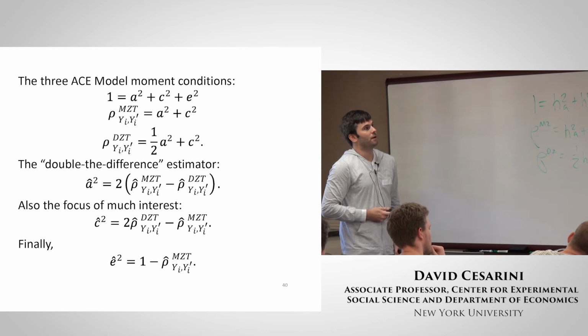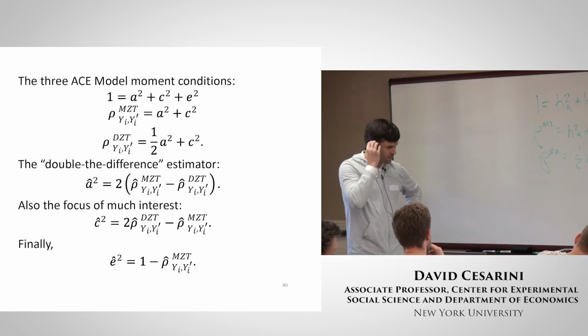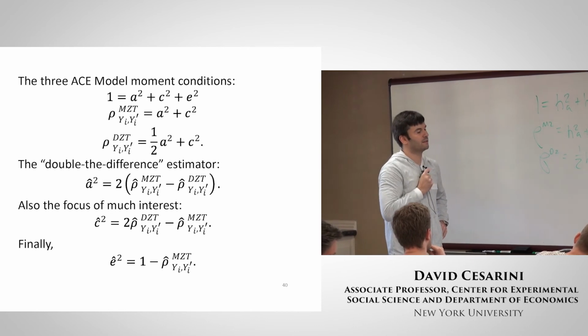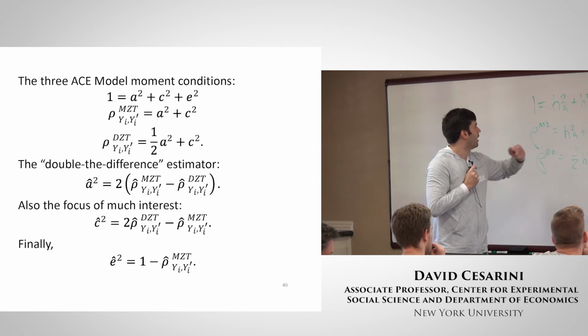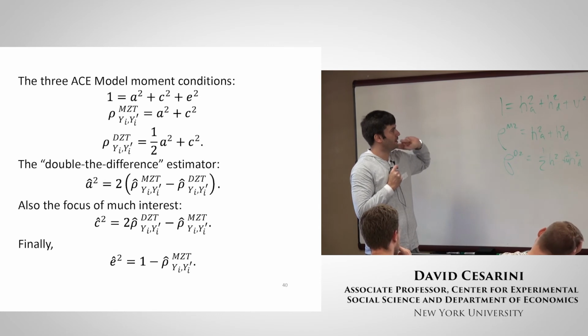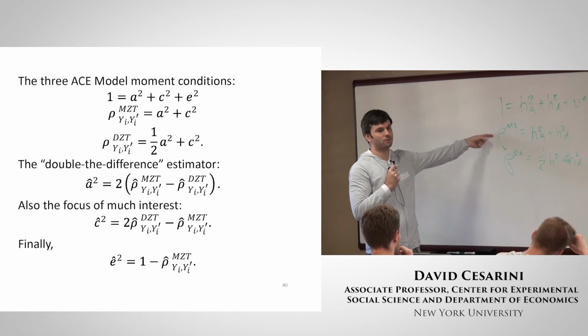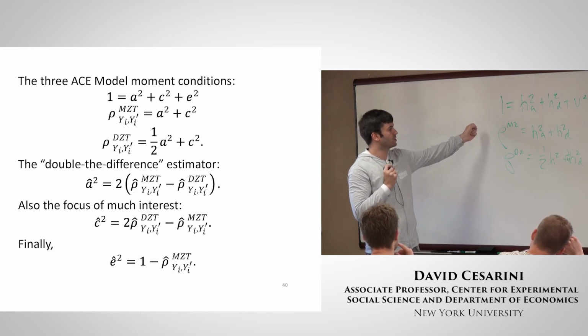And how is it that the fit diagnostic can even tell you that one is better than the other? Well, the idea is that in the ACE model, where all gene action is additive, if you observe that the DZ correlation is very large relative to the MZ correlation, given what you would expect under the ACE model, then it must be that there's some non-additive gene action.